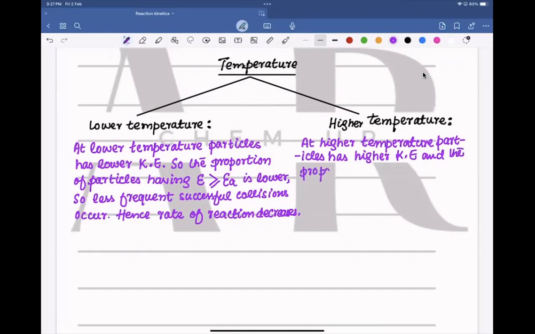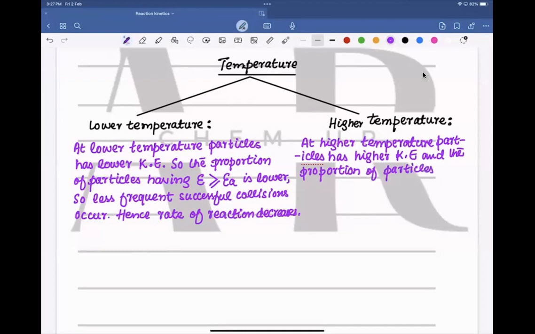As I have told you, initially at lower temperature, only 20 molecules out of 100 have energy equal to or greater than activation energy. Now when the temperature is high, let's suppose 45 out of 100 molecules have energy equal to or greater than activation energy. So see, the proportion is increased. Is this understandable? Yes, sir.